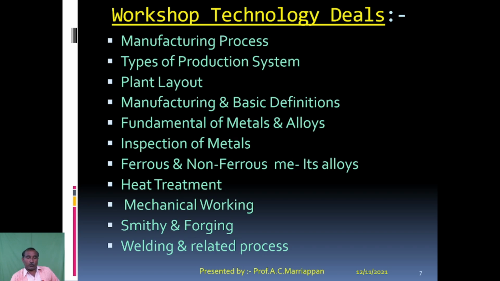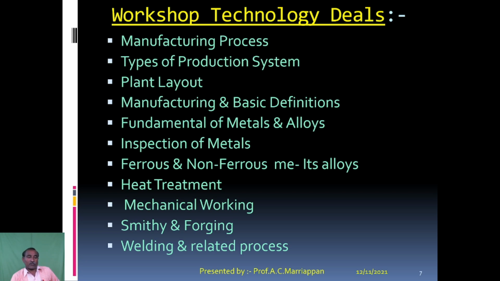We can classify inspection of metals into two categories: destructive testing and non-destructive testing. Among destructive tests, impact testing, Izod and Charpy testing are some of the processes usually in practice for the inspection of metals.